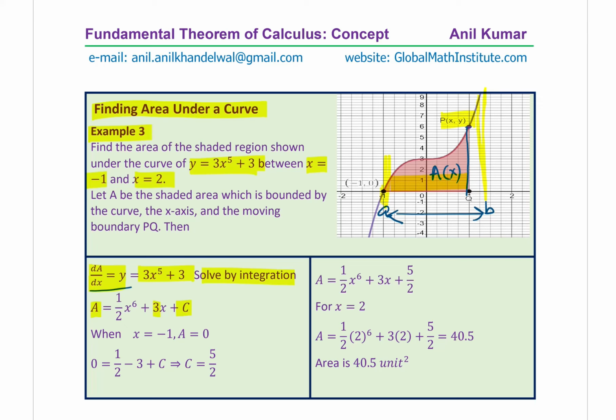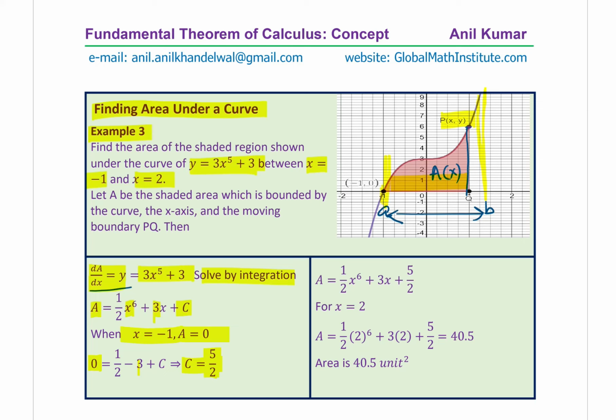So when x is equal to minus 1, the left boundary condition, the area is 0. Substituting minus 1 for x and 0 for the area, we get 0 equals half minus 3 plus c. So c is equal to 3 minus half, which is 5 by 2.